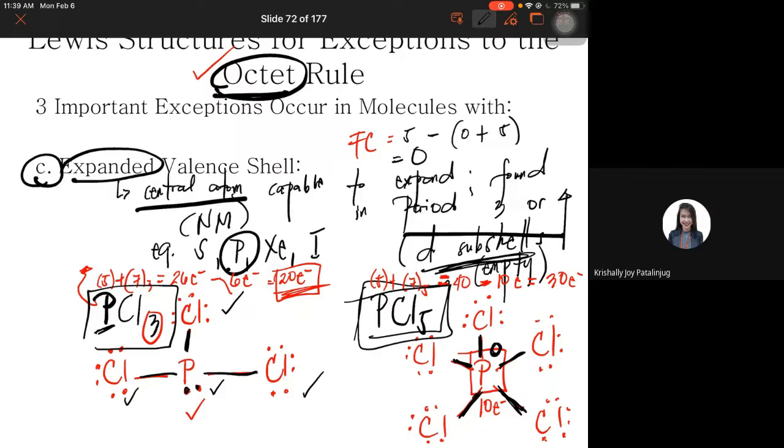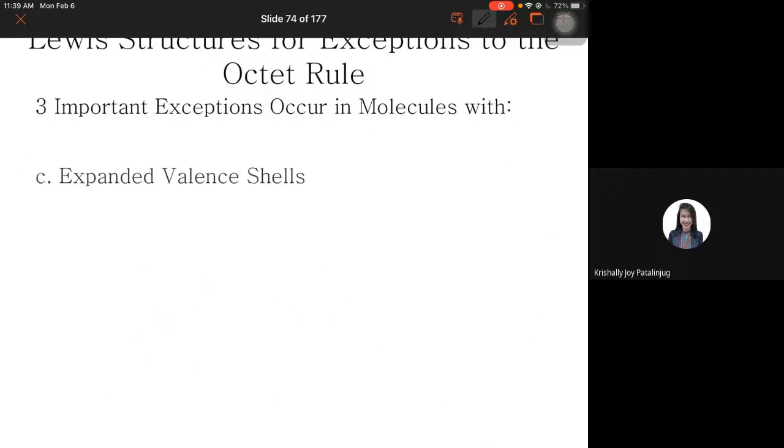Di ba? So, ang point dito is si phosphorus having empty d orbitals in its third shell, we can tell nga it is capable of expanding its valence shell. So, more than 8 yung surrounding electrons. It's an exception to the rule. Okay, sige, let's have another example.